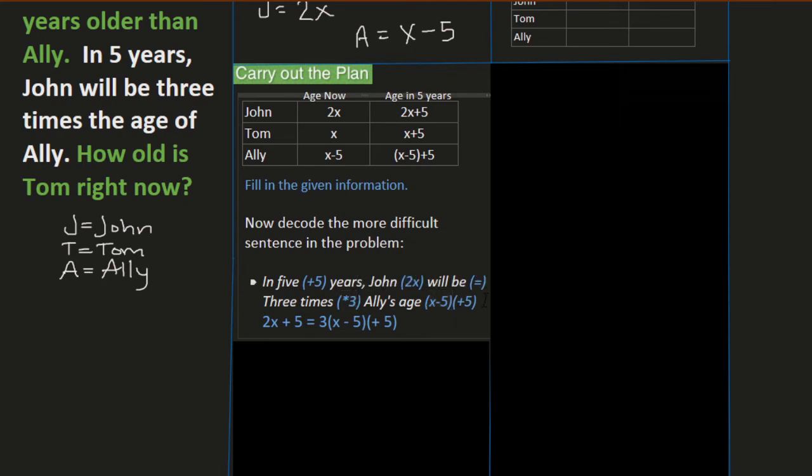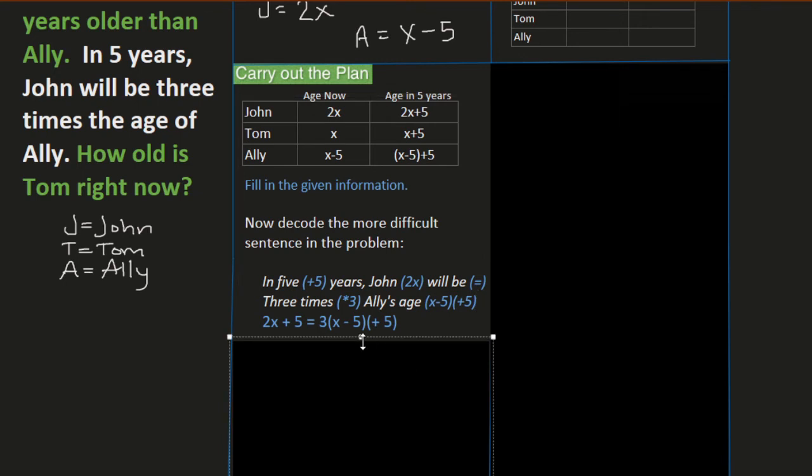But notice here, Allie's age, we're talking about in 5 years from now, so Allie's age also has that plus 5 at the end. But when we take these components here and put them into a numerical sentence, we have 2x plus 5 equals 3 times x minus 5 plus 5.